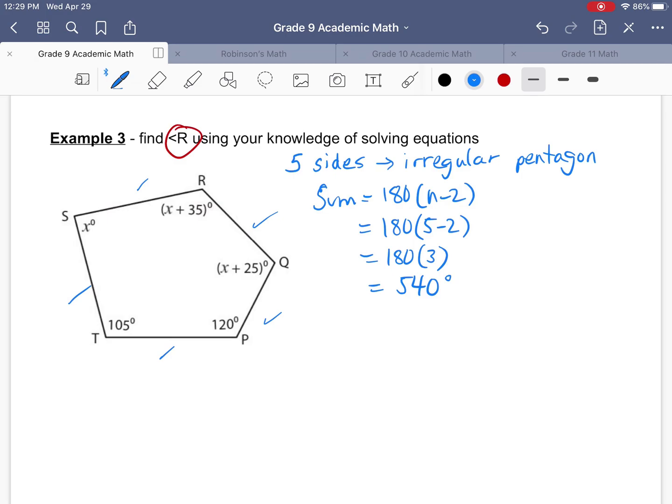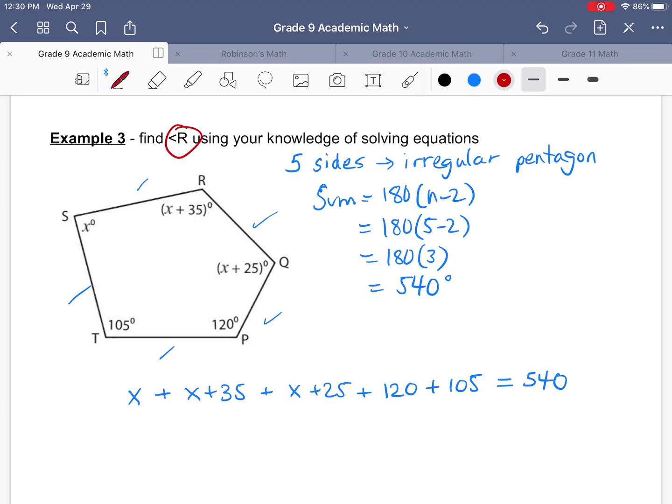So I'm going to start off at S, which is represented by just x right now, and add all of those together. So we end up with x plus 35 plus x plus 25 plus 120 plus 105, and all that should be equal to 540 degrees.